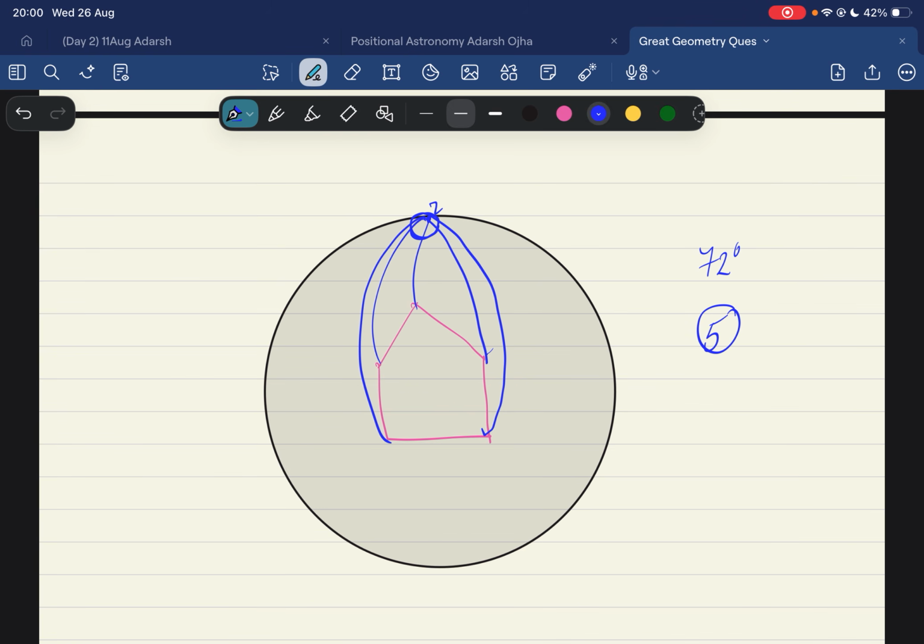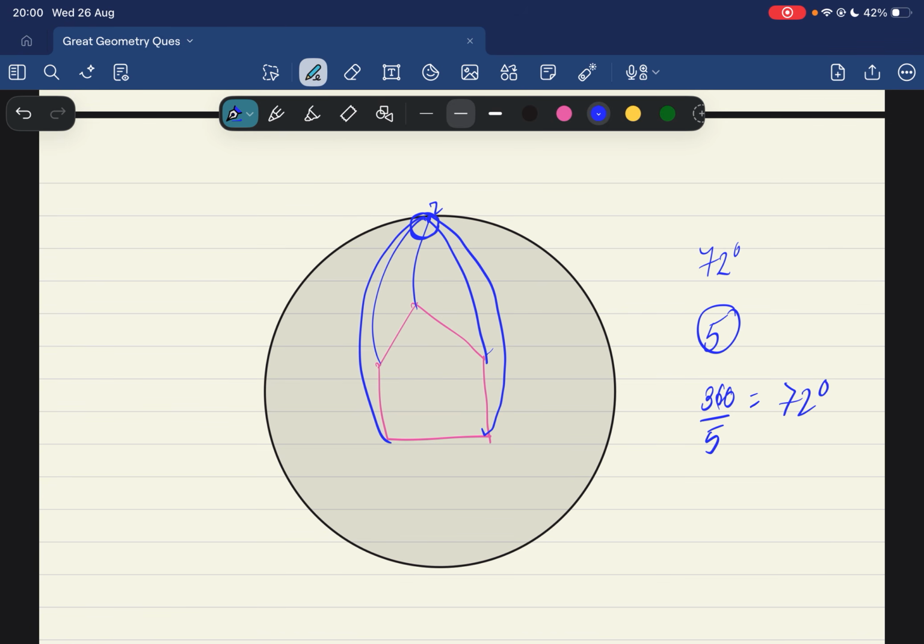If you can, I want you to try this actual question before seeing me do it. So there are five of these arcs, so they will equally divide to be 360 divided by 5, and we get exactly 72 degrees.